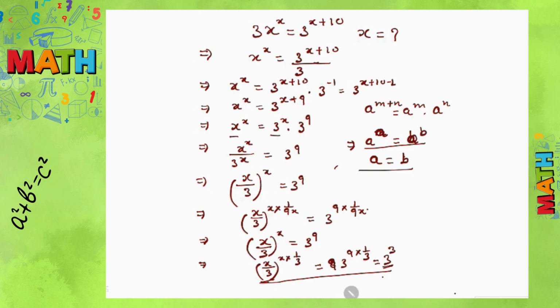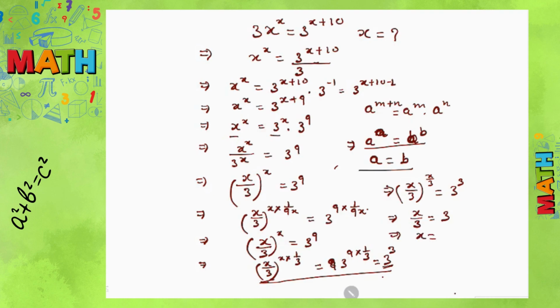So let me rewrite here. (x/3)^(x/3) is equal to 3^3. You can see this is coming as a^a and b^b. So it means x by 3 is equal to 3. Power will be equal, right?